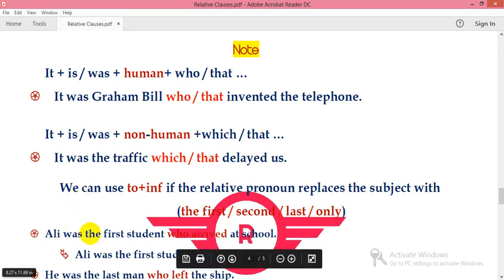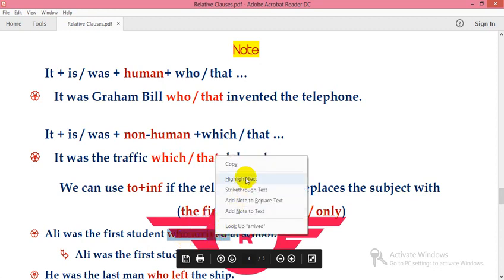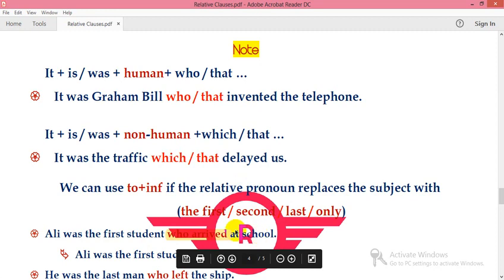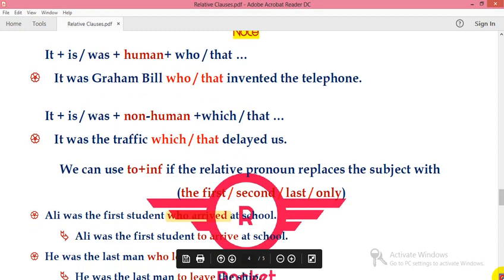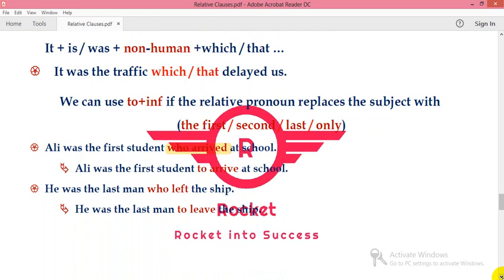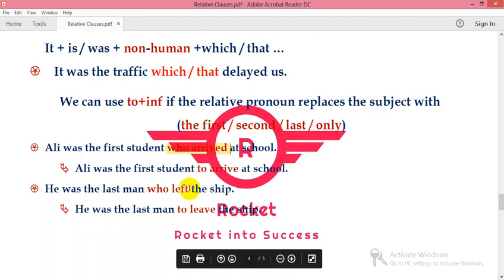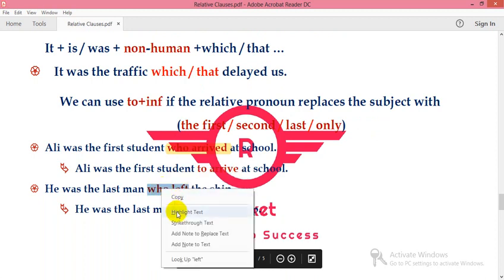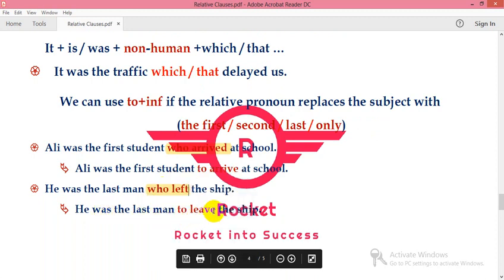Ali was the first student who arrived at school. In this case we say: Ali was the first student to arrive at school. He was the last man who left the ship. So, he was the last man to leave the ship.